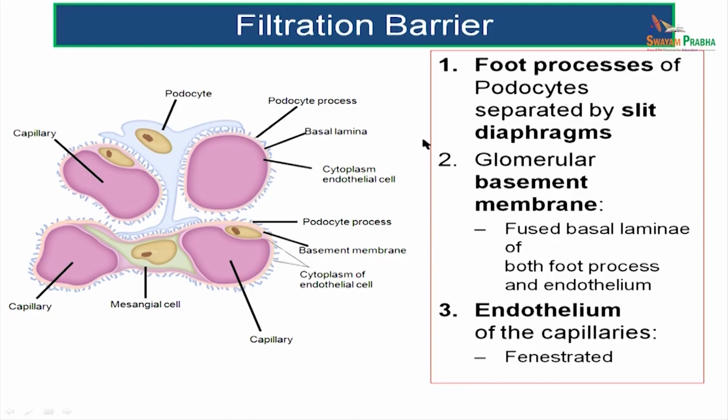Third thing which constitutes the filtration barrier is the endothelium of the capillaries, which is fenestrated. So, three things constitute the filtration barrier. One is the foot process of podocyte, second is the glomerular basement membrane, third is the endothelium of the capillaries which is fenestrated, through which filtration is going to occur.